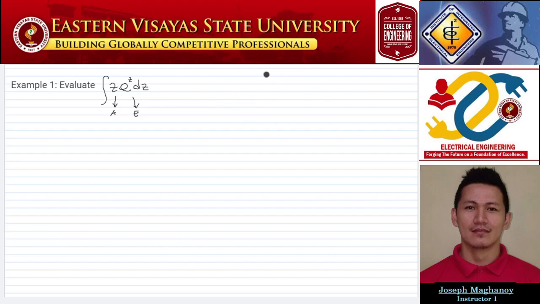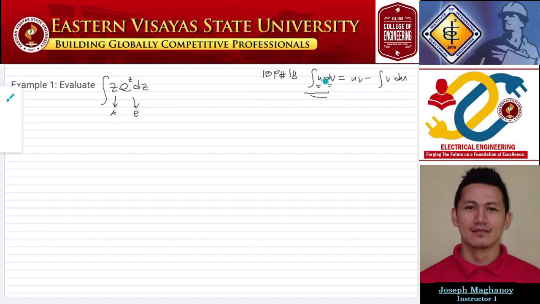So our IBP, integration by parts formula number 18, is the integral of u dv is equal to uv minus the integral of v du. Now we need to align our function first. We need to identify what is our u and what is our dv.